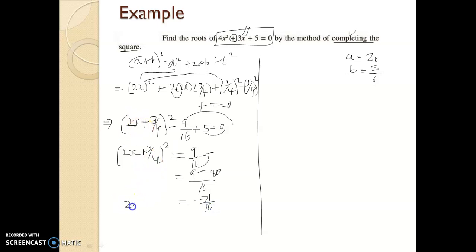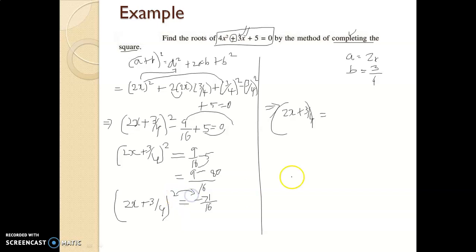The left hand side is (2x plus 3 by 4) whole square. Now continue again, which implies (2x plus 3 by 4) whole square equal to, now I am going to transpose this square to the right hand side.